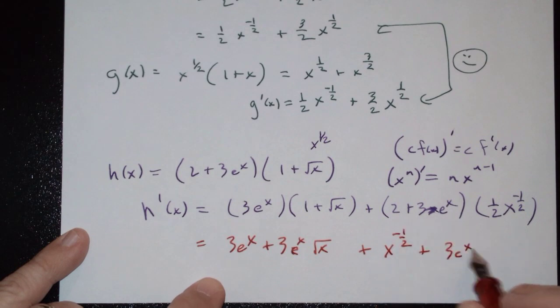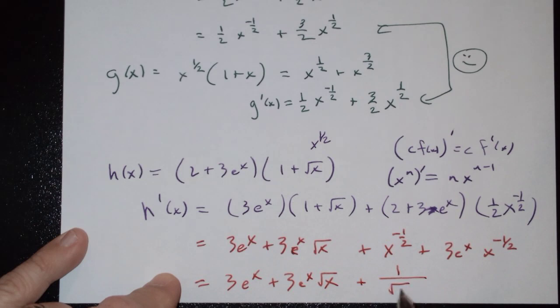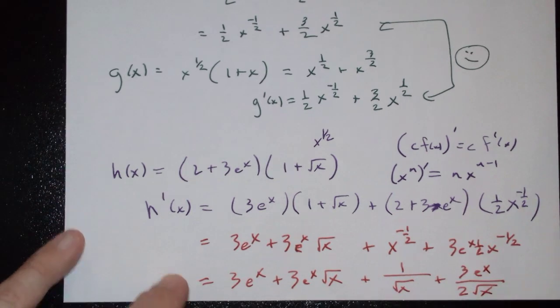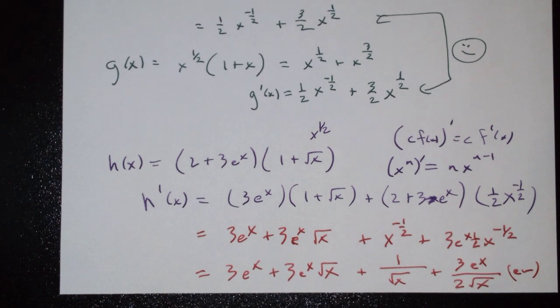And then I get 3e to the x times x to the negative 1/2. Oh, I forgot the 1/2. Isn't that disgusting? So yeah, I can do it, but it really doesn't gain me anything, does it?